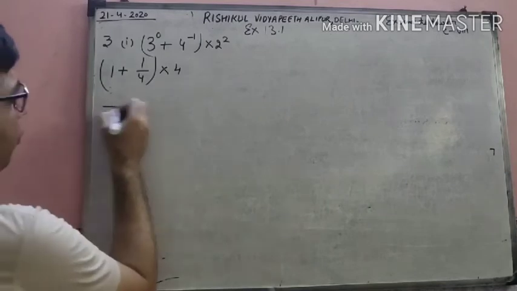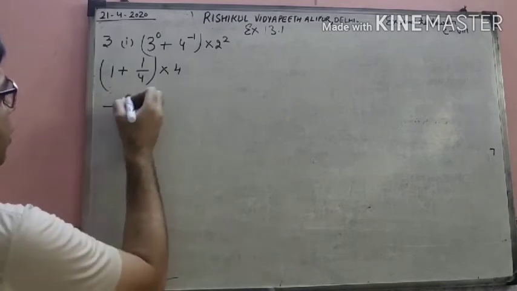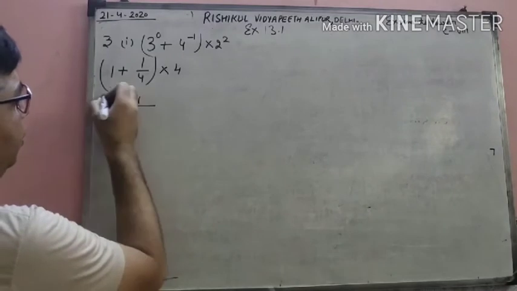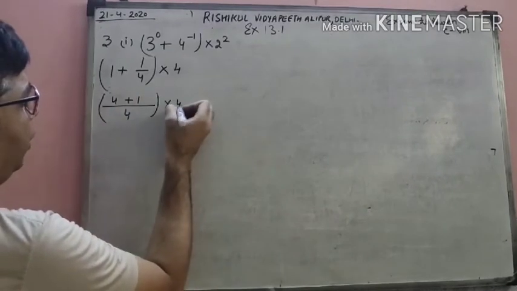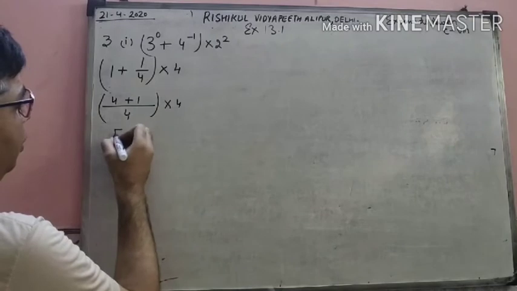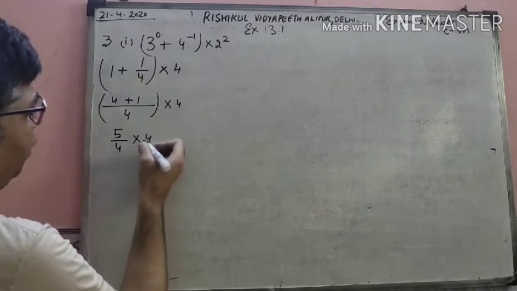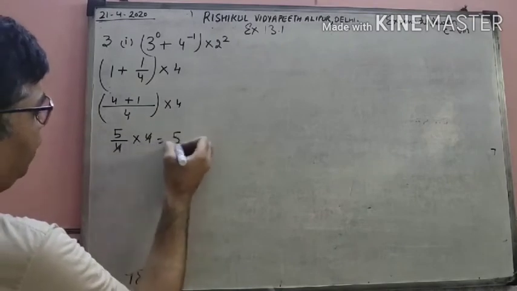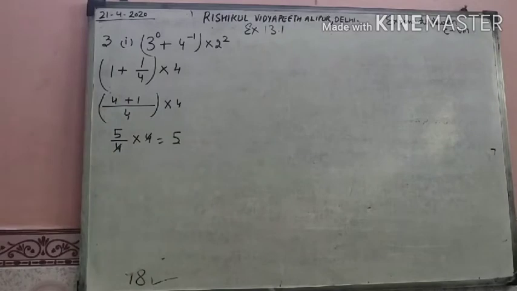Now what will we do? We will take the LCM and it would be 4 plus 1 into 4, and the 4 will be cancelled out. The result will be 5 by 4 into 4. The result is 5.